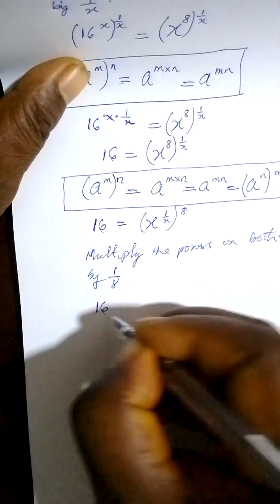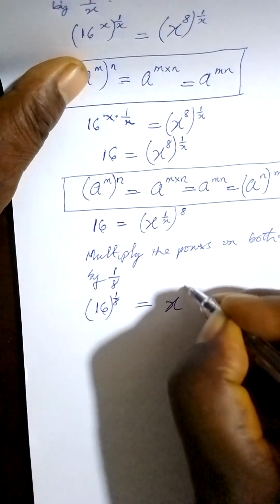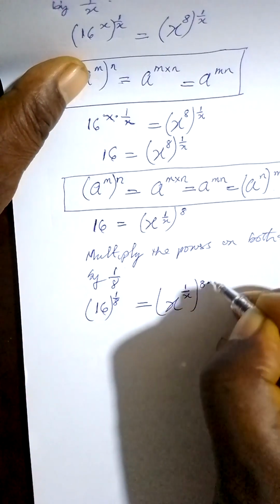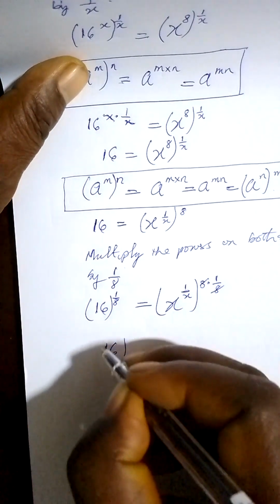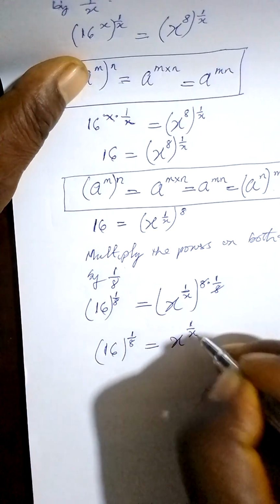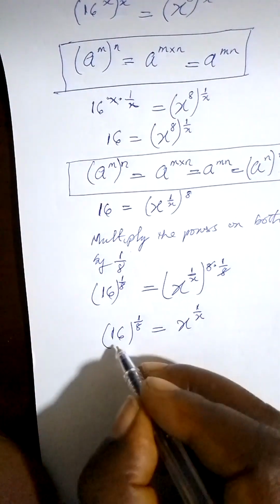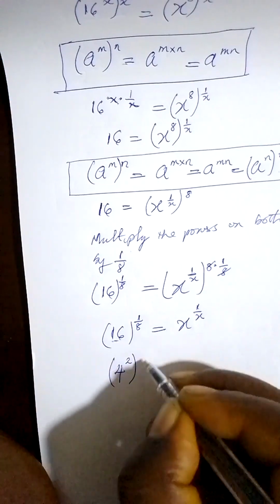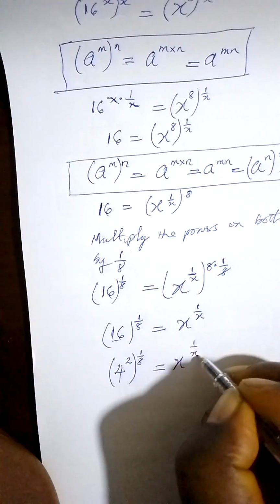So we have 16 to the power of 1 over 8 equal to x to the power of 1 over x, then to the power of 8 times 1 over 8. So this and this will go. So I have 16 to the power of 1 over 8 equal to x to the power of 1 over x. Okay, so what we do next is to write this 16 as 4 to the power of 2, all to the power of 1 over 8 equal to x to the power of 1 over x.